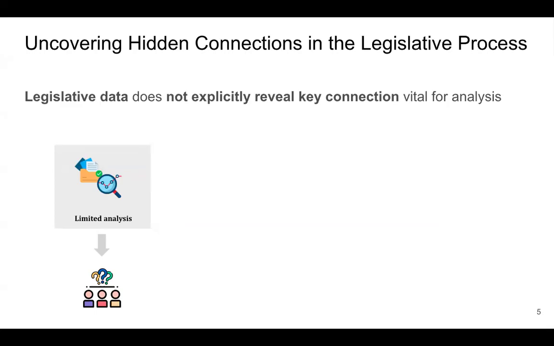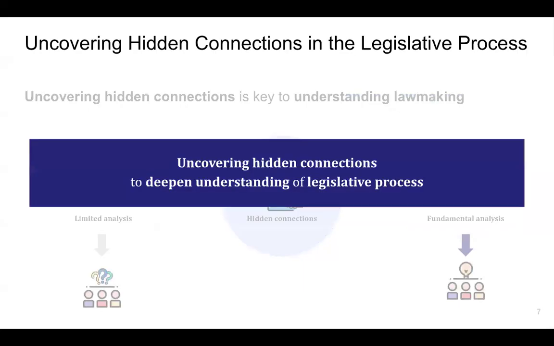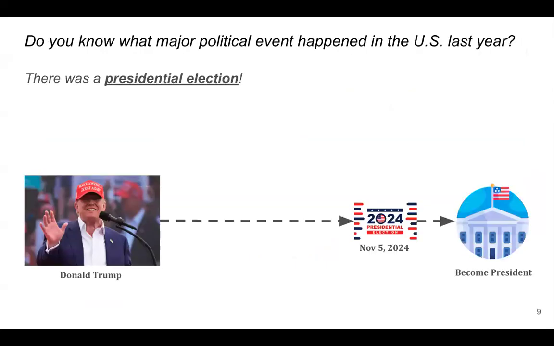But the problem is that there's a lot of hidden stuff that the data do not actually provide explicitly. So if you can use some machine learning to uncover what is not explicitly stated in the data, then you can have a deeper understanding of what's happening. This work I'm presenting today is one example of trying to uncover what is going on in these hidden connections.